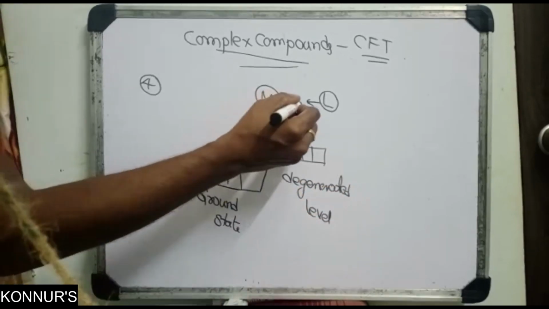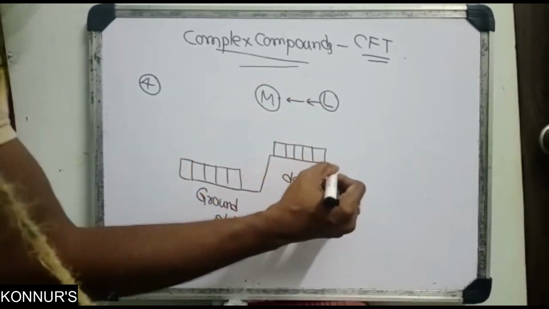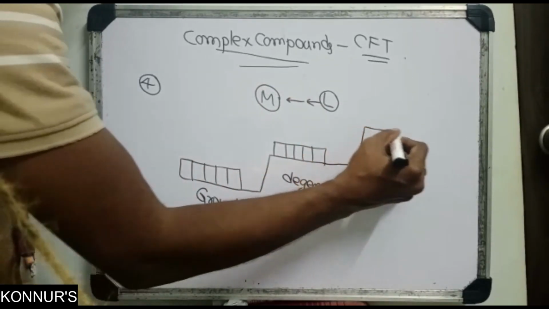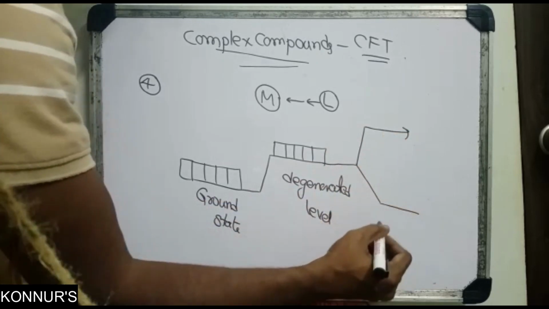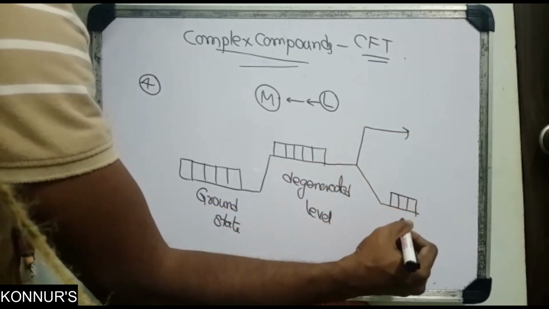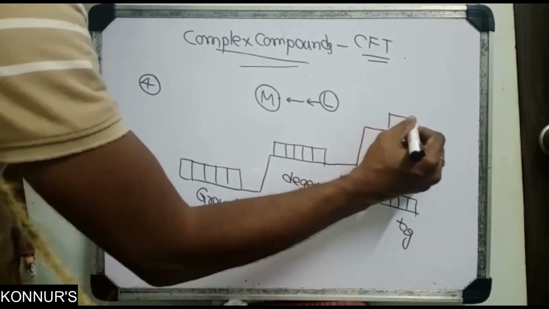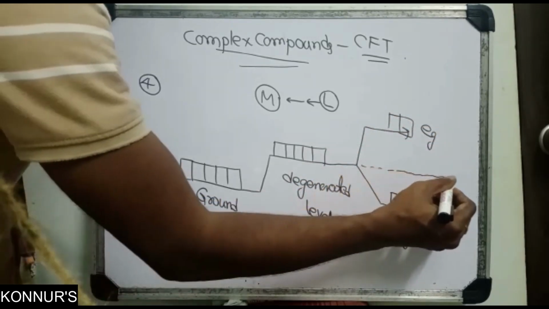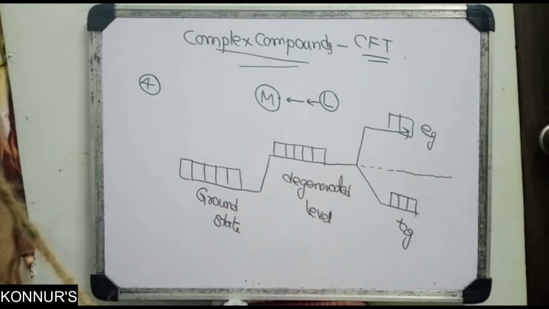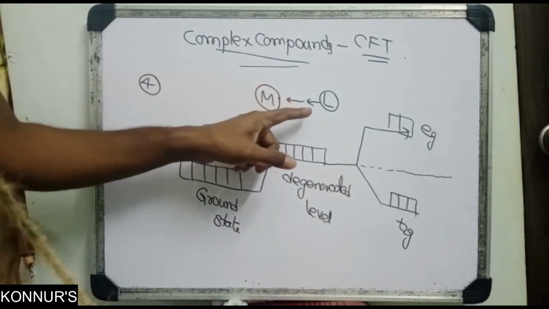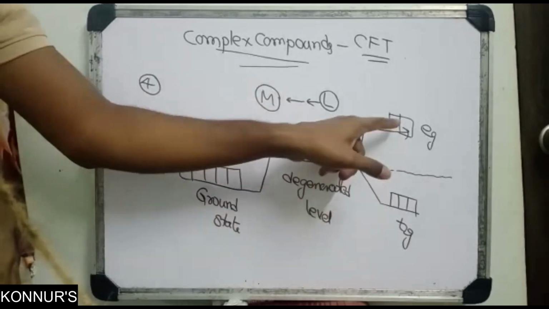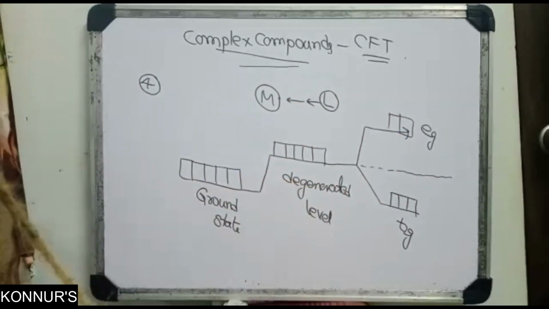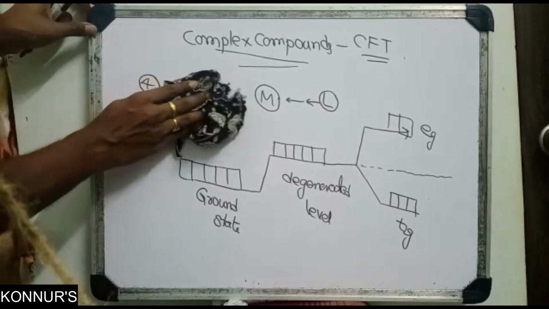Next, again these ligands are very close to the metal, so then it is splitting into t2g orbitals and eg orbitals. Depending upon the ligand approaching area, t2g or eg, they are splitting.